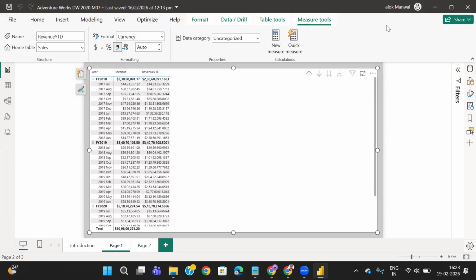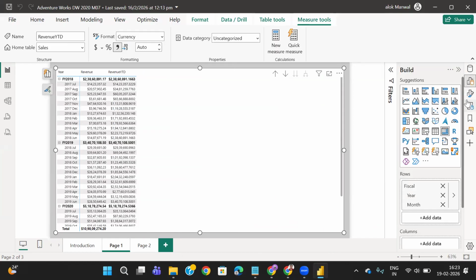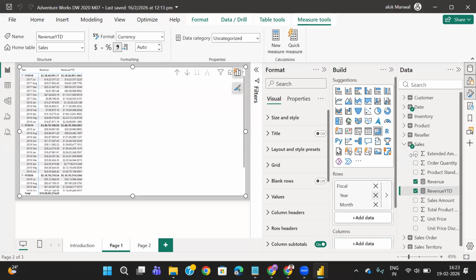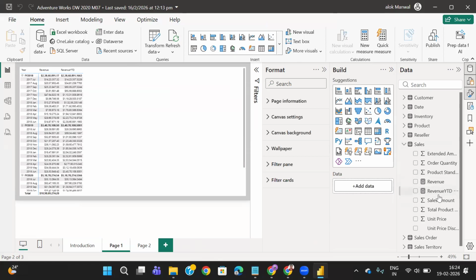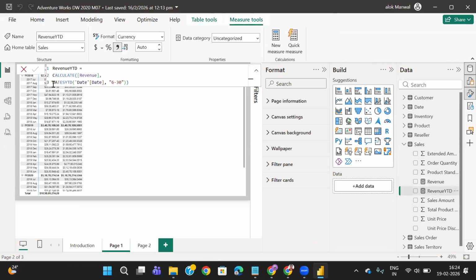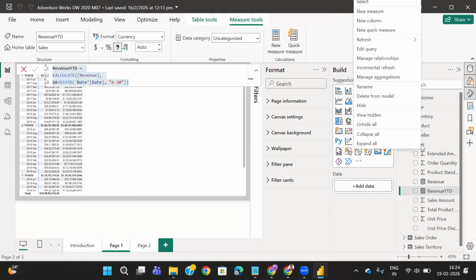We have used here the DATESYTD. Rather than using DATESYTD, we can use TOTALYTD. TOTALYTD is another function.